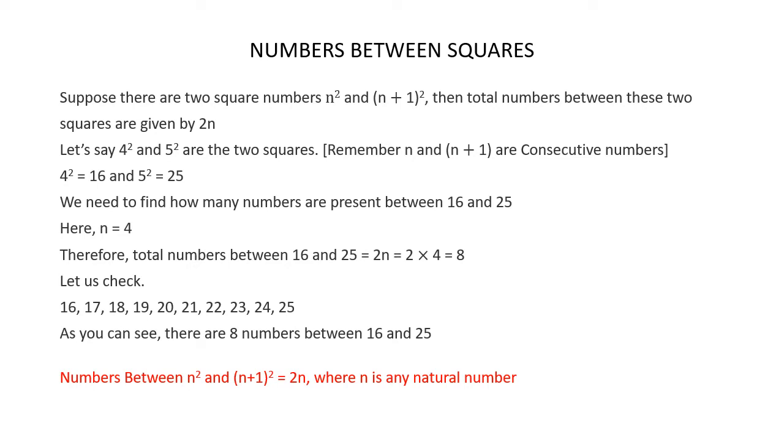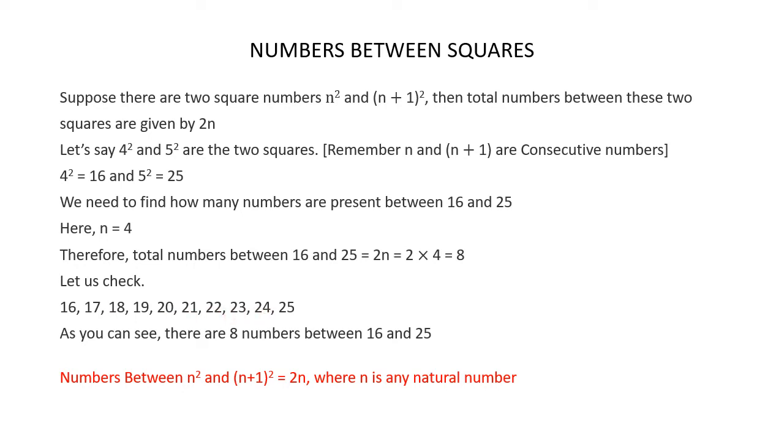Let's see whether this is correct. 16, 17, 18, 19, 20, 21, 22, 23, 24, 25. As you can see, there are 8 numbers between 16 and 25.